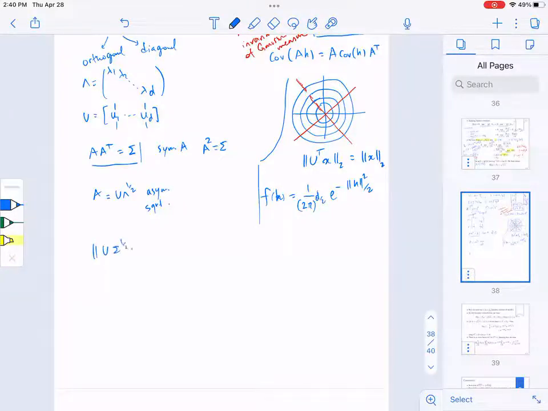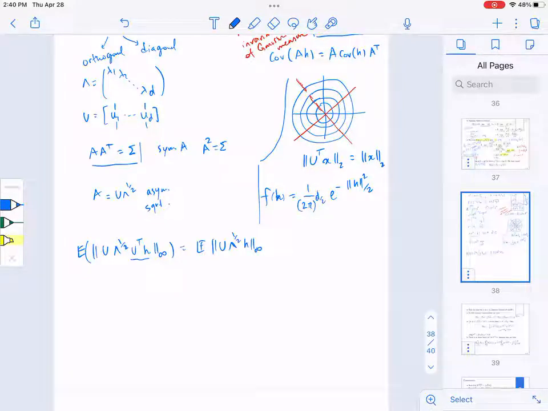U Lambda 1/2 U transpose H. I can replace this with H, okay? It has the same distribution. So the expectation is the same as the expectation of U Lambda 1/2 H infinity.